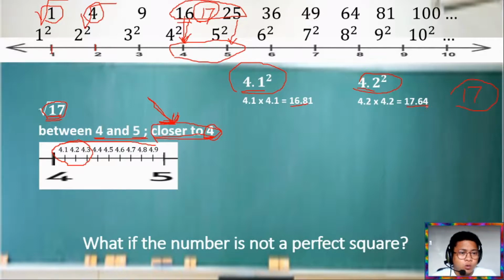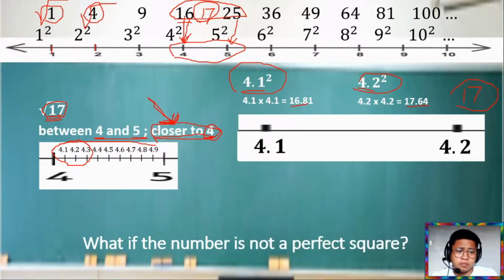So, mukhang hindi na natin kailangan ng 4.3. So, focus na ulit tayo kay 4.1 and 4.2. So, gamit si 4.1 and 4.2, i-zoom ulit natin. 4.1 and 4.2. Si 4.1 and 4.2, meron silang numbers sa pagitan nila.